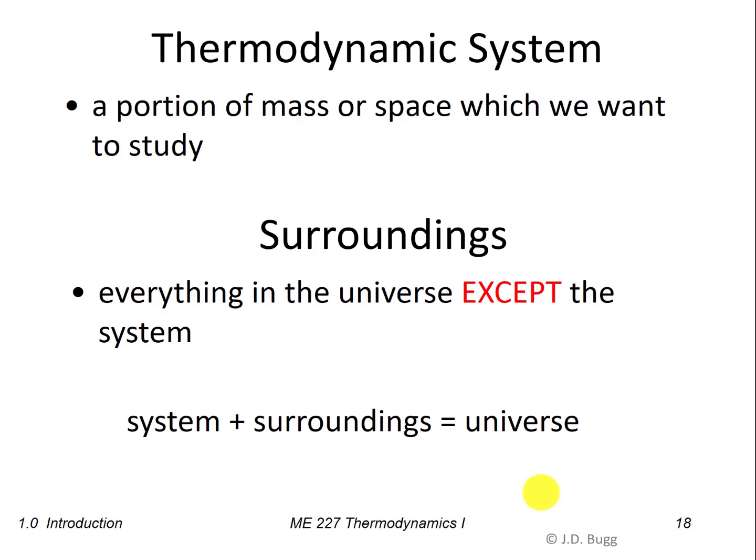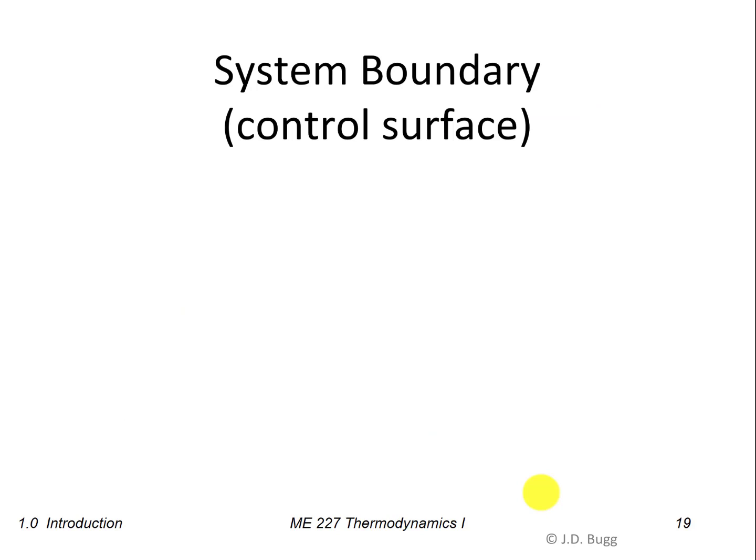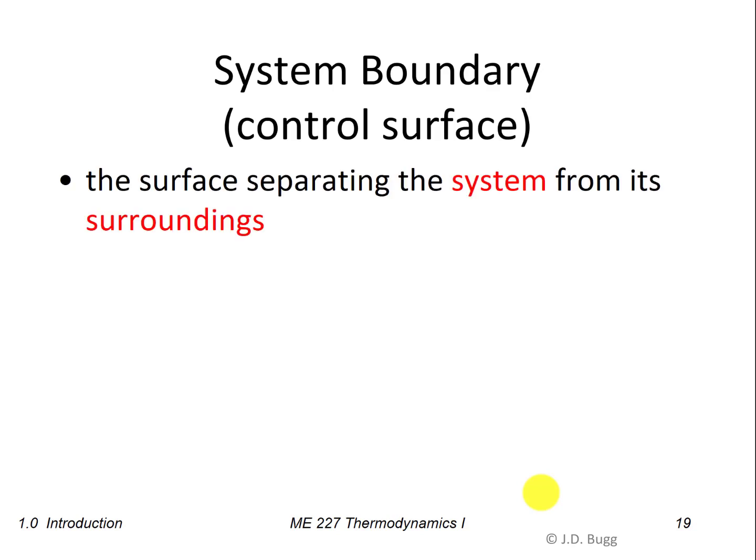We'll be using those terms, system and surroundings, a lot. We'll be talking about energy transport between the system and the surroundings, maybe mass transfer between the system and its surroundings, and that's what we're referring to. Now the system boundary, also known as the control surface, is the surface that separates the system from its surroundings.